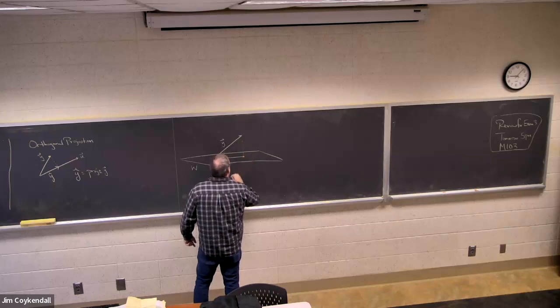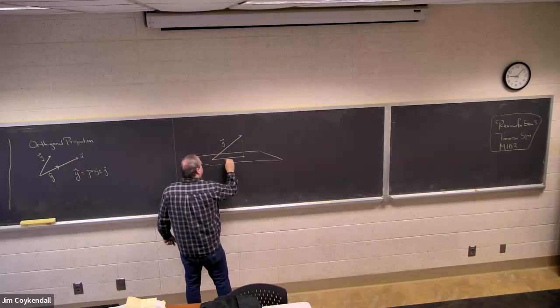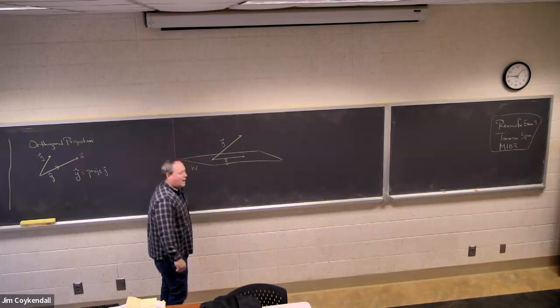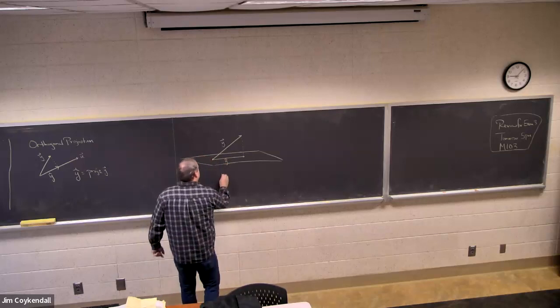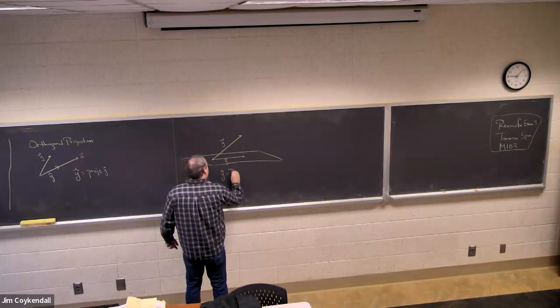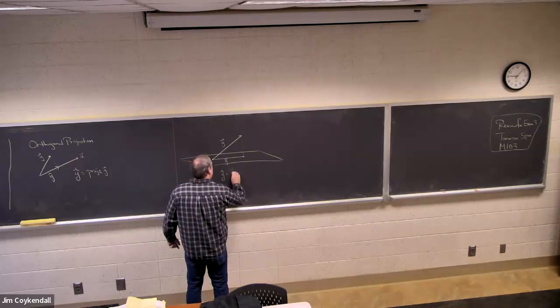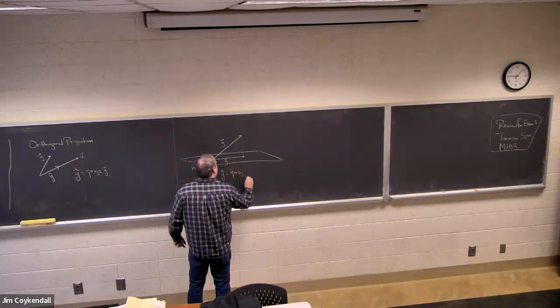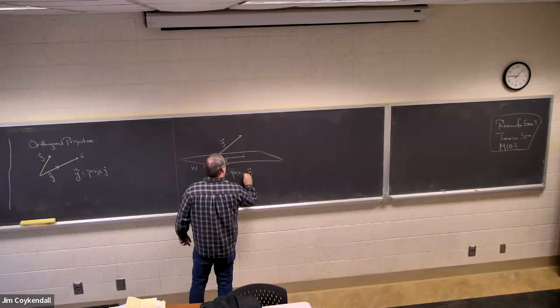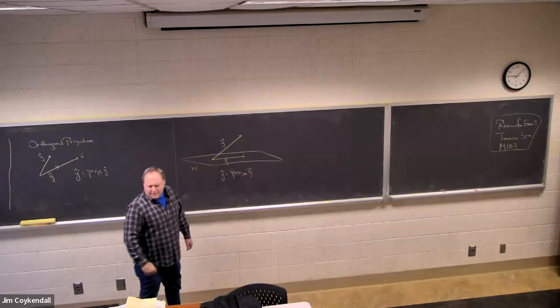What we're now looking for is what we call y hat. This is the vector projection of y on the subspace W, right?